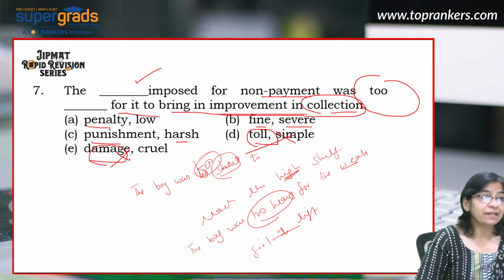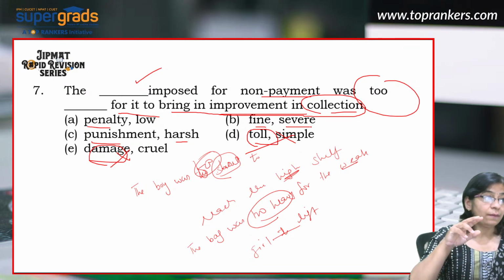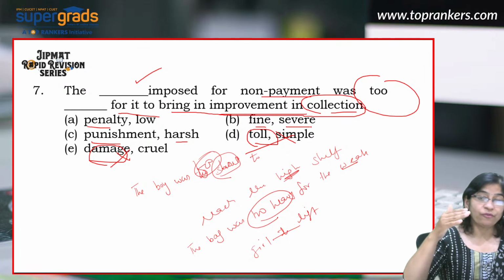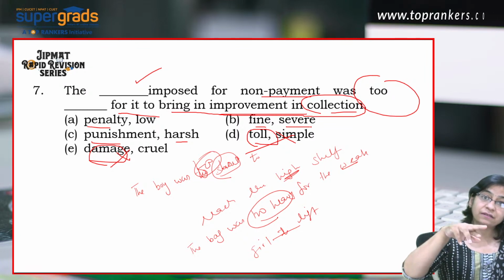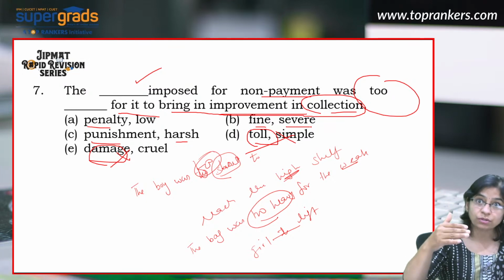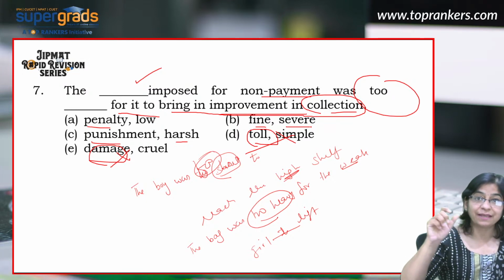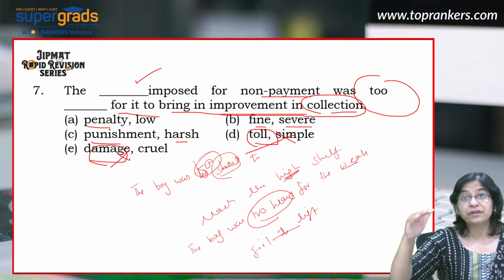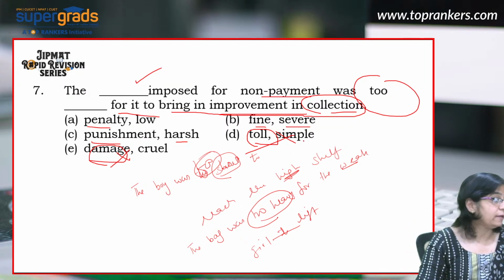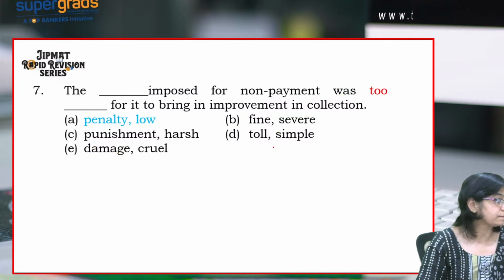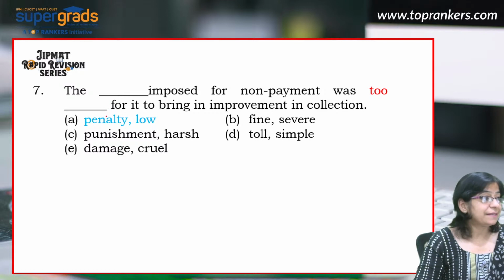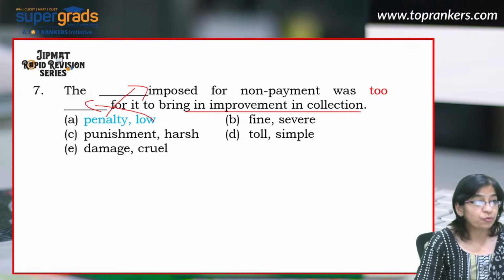To bring an improvement in the collection, harsh and severe are going in support, whereas what we need is something contrasting with whatever is given. So I go with low. The penalty imposed for the non-payment was too low for it to bring an improvement in the collection. All right? Yes, that's absolutely right. So you've given the right answer.